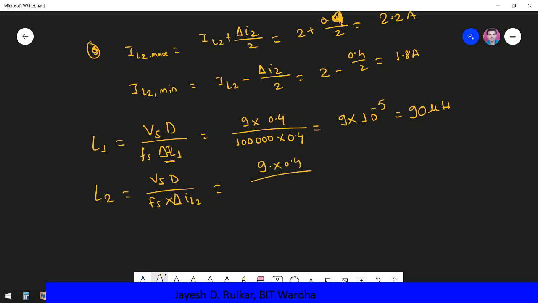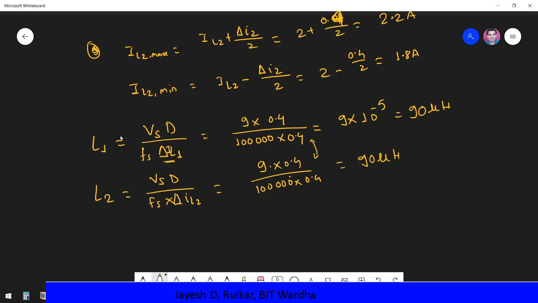The value of delta IL1 and delta IL2 is the same, you can see that both values are same. So we'll get the same value here also, 1 lakh multiplied by 0.4. Both the terms are same, so we'll get 90 microhenry in this case.